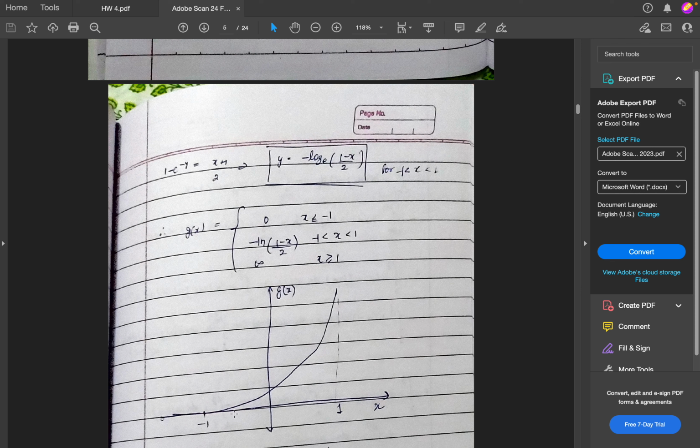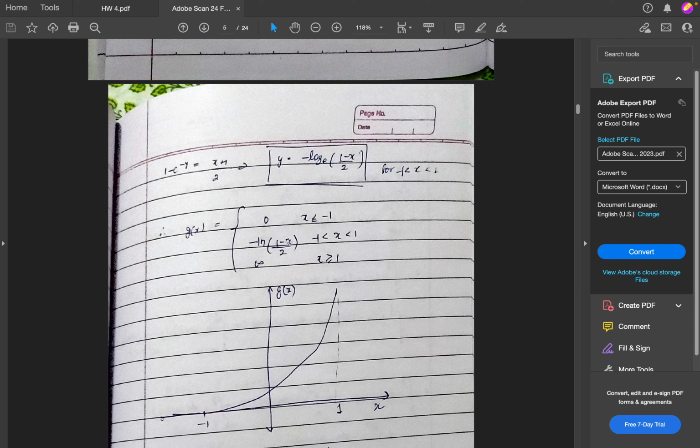We can see that for x less than or equal to minus 1, this is equal to 0. For x greater than or equal to 1, the value of g of x tends to infinity, and for x between minus 1 to 1, we get minus log to the natural base of 1 minus x by 2.